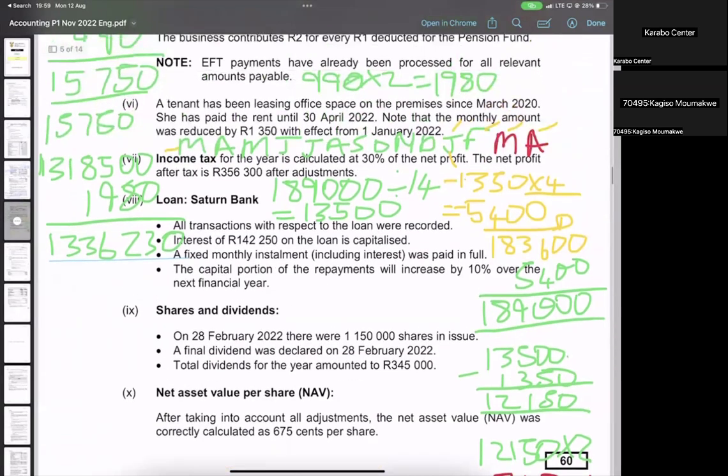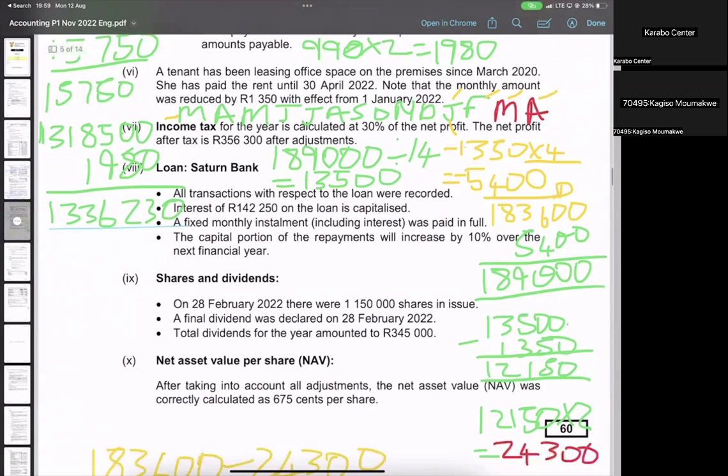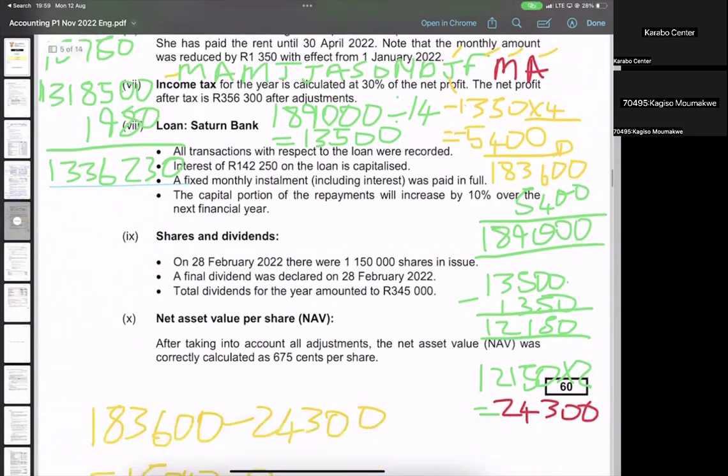Let's continue. Now we'll do income tax at the end. We'll treat it as our last transaction. So let's continue to the loan from the bank.